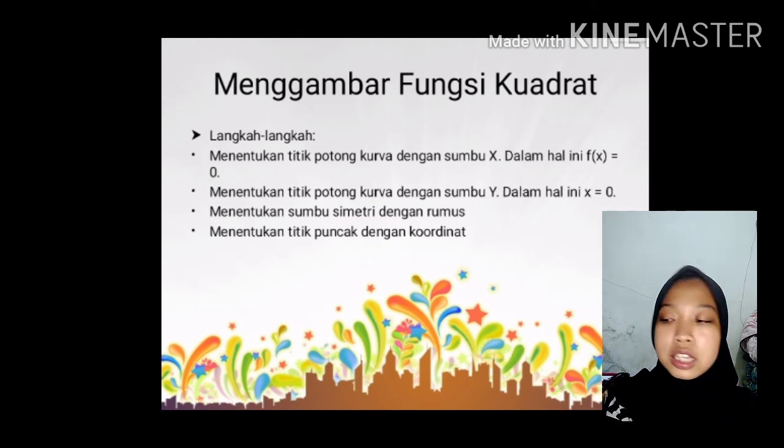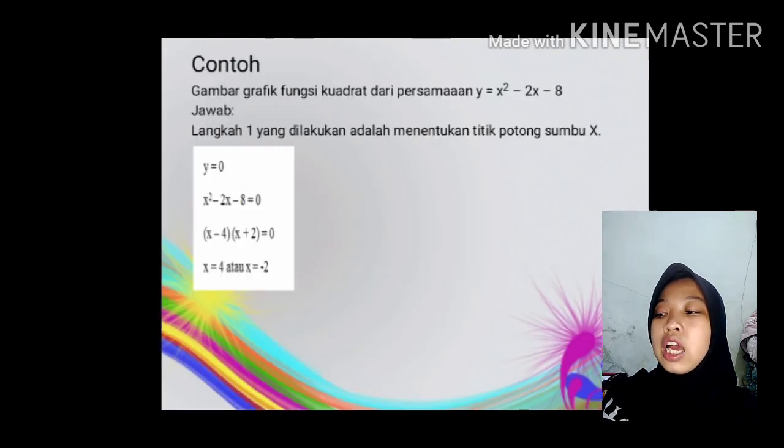The second is to determine the intersection of the curve with the y-axis, in this case x is 0. The third determines the axis of symmetry with the formula. The fourth determines the vertex with coordinates.